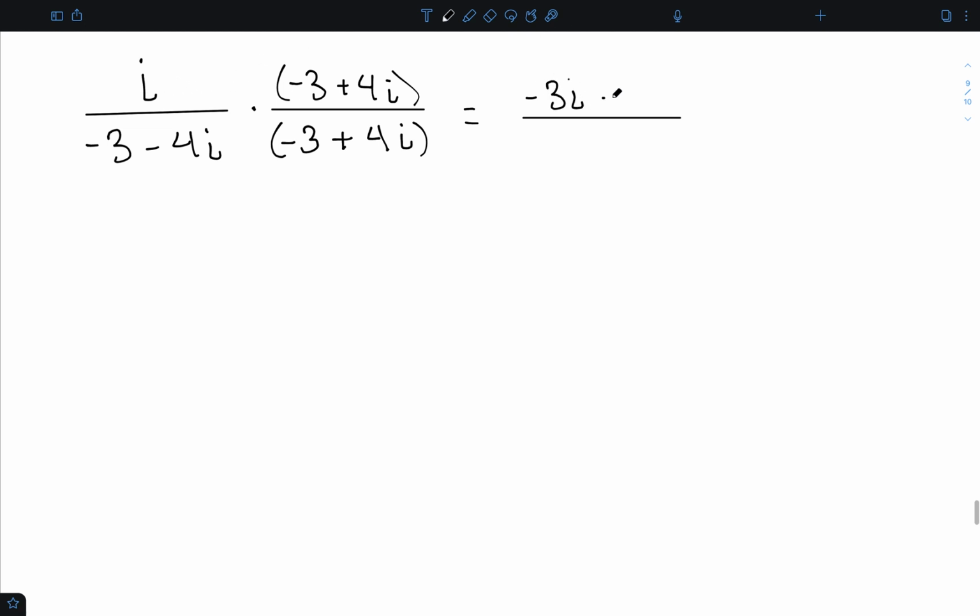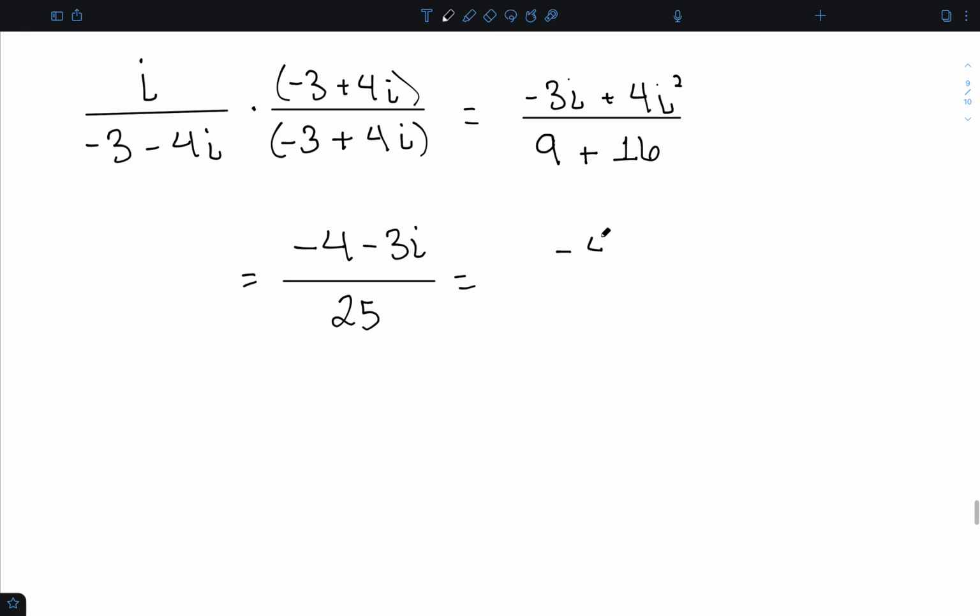And I have i times 4i, or 4i squared. Since the denominators are conjugates, I have -3 squared, which is 9, plus 4 squared, which is 16.